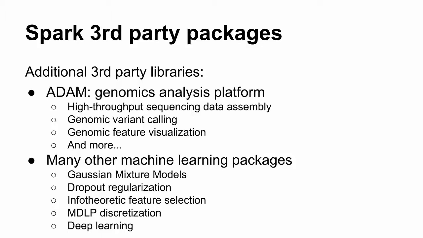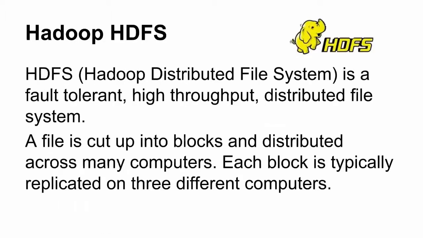There are a number of other machine learning packages which provide algorithms which the MLlib official package doesn't provide. So some examples are here on the slide. And I've just listed here the ones that seem the most relevant, but there are many other more software engineering based packages, or text mining, or those types of packages.